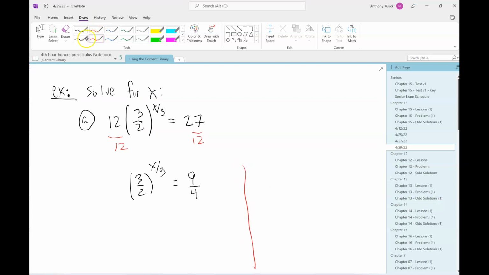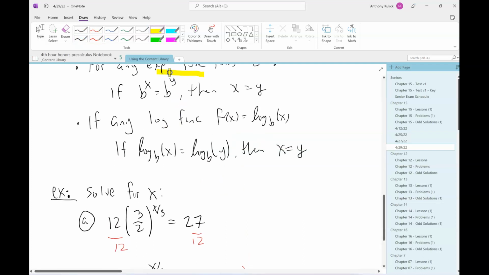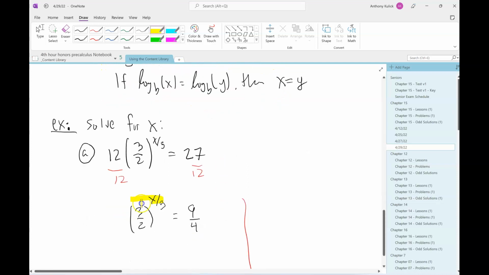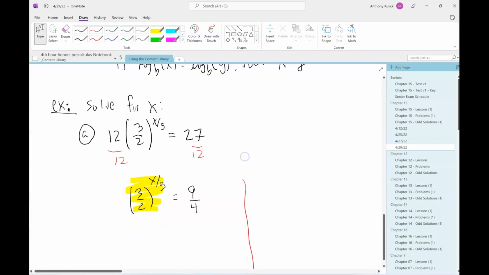But before we do it that way, what we're going to try to do is use this property. On my left-hand side, I have a b to the x. What I need to do now is write the right-hand side as that same b to the y.